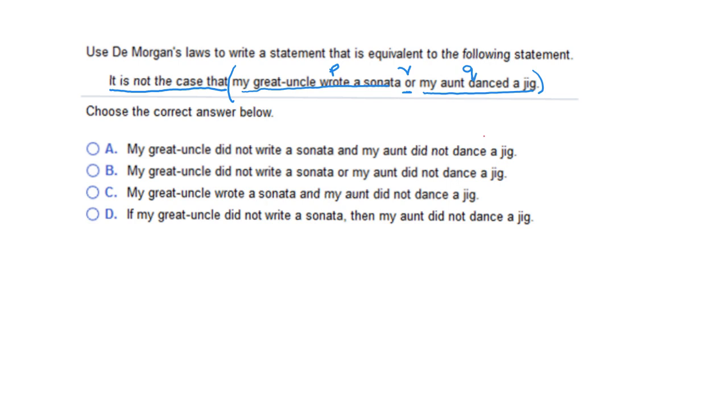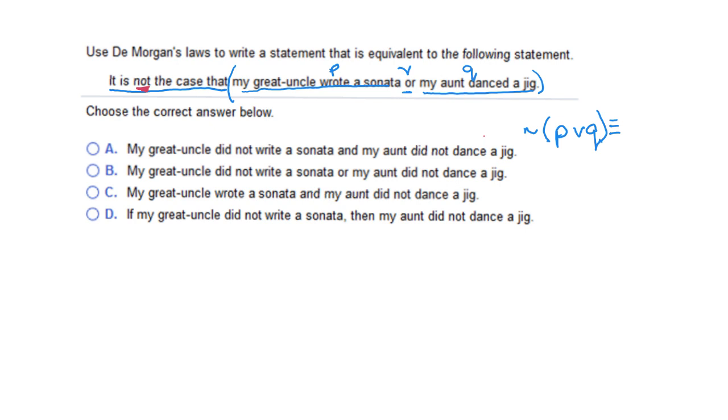So in this case here, it is not the case. This is our negation. So the original statement is negation, parentheses, P or Q. And once again, we will use DeMorgan's laws for the negation of a disjunction, which is the same approach as we did on the last one.